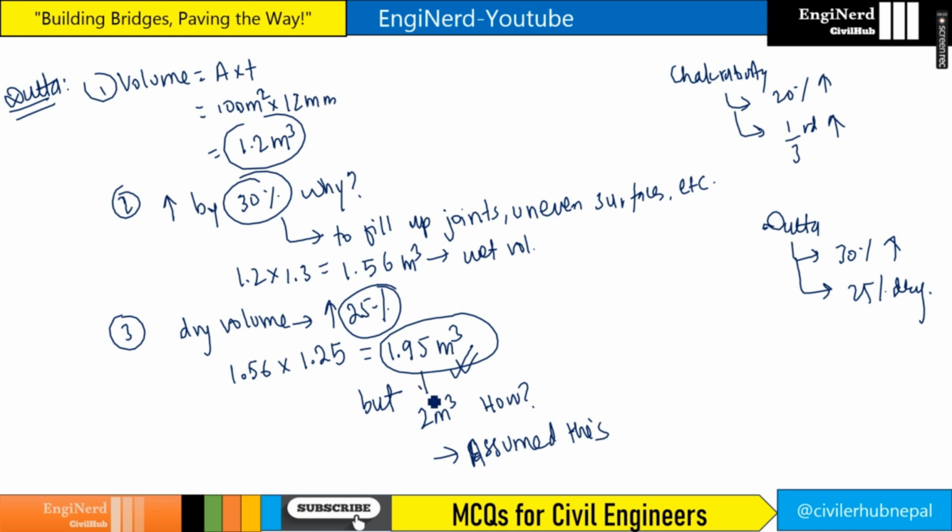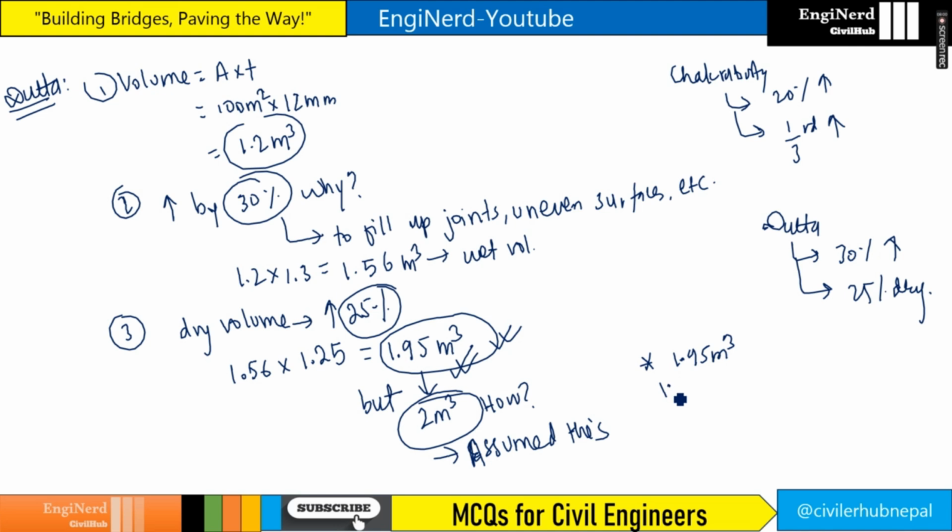He increased 1.95 to 2 meter cube to make it standard. The actual value is 1.95, but he just increased it and wrote 2 meter cube in his book. This is just his assumption. So the exact value is 1.95 meter cube dry volume, right?